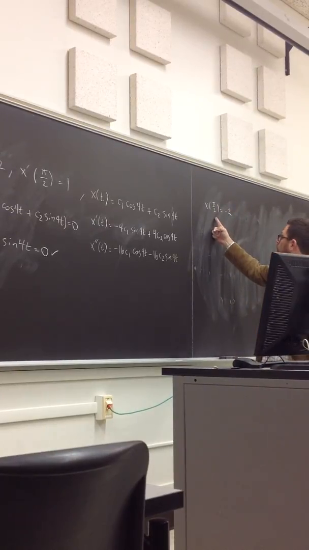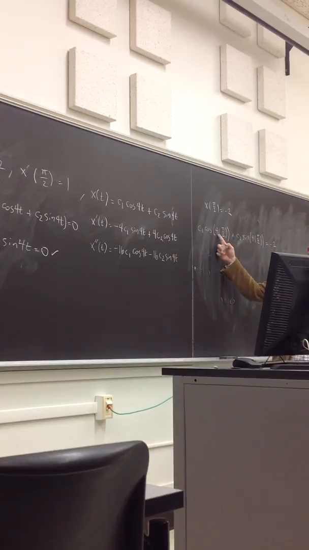x of pi over 2 equals negative 2, so that's C1 cosine of 4 times pi over 2 plus C2 sine of 4 times pi over 2. And we know 4 times pi over 2 is 2 pi.